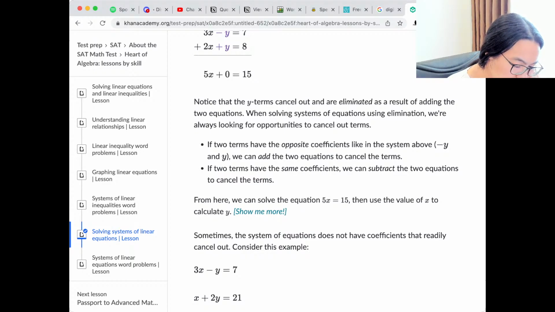I'm just double checking the numbers. It's 2, 3, 18.